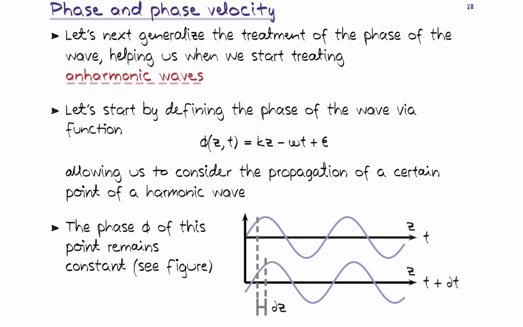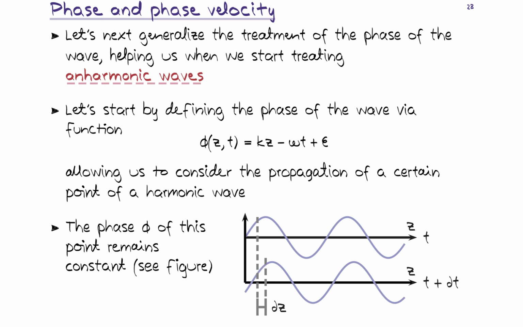And this is highlighted in the figure, so that when we lock down into a given point of the wave, for example this specific point, we say, okay, at this location at this given time, the wave has a given phase. And now I want to understand how this phase evolves, how it propagates forward. So I say that after some instance of time, I want to see where this exact same location, where the wave has the same phase, is now on the z-axis.